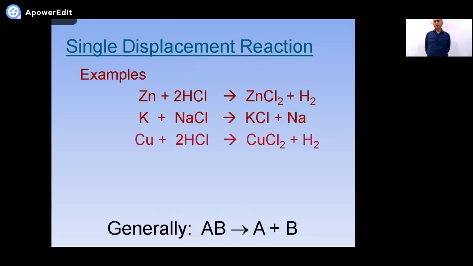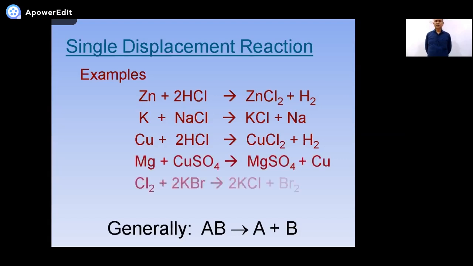You should be able to read the chemicals over here. If you are unable to read, it means you are weaker, you have not studied the previous day's assignment or work that I gave you. Magnesium replacing, chlorine replacing bromine, and these two are there in the book.